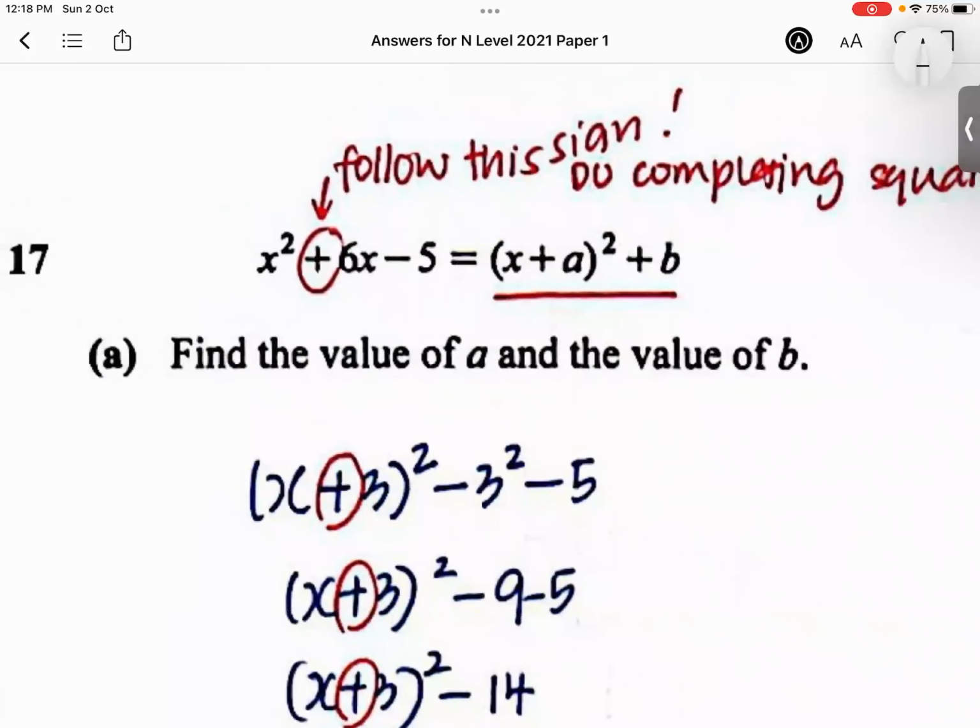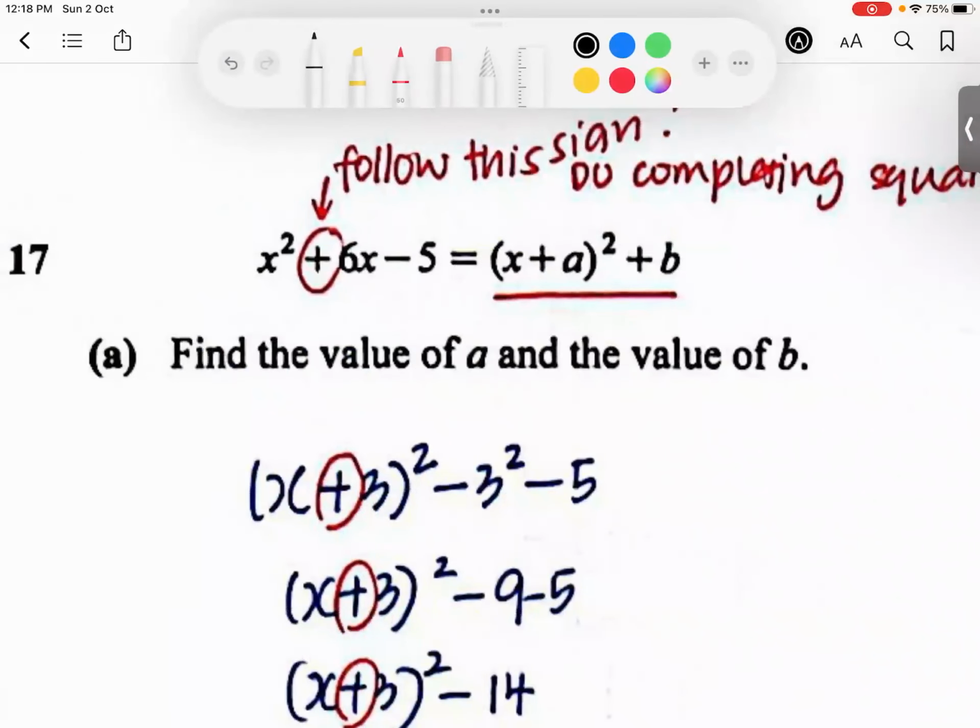Okay, first thing to check. Do not care about whether this sign over here is plus or minus at the first part. When we do completing the square, always follow this sign over here. So this is x squared plus 6x.